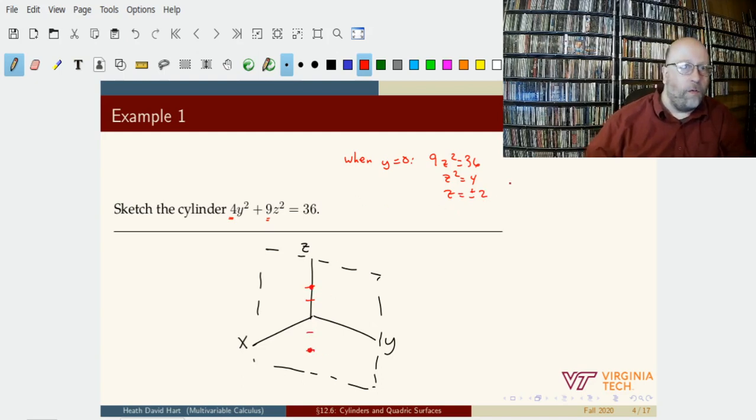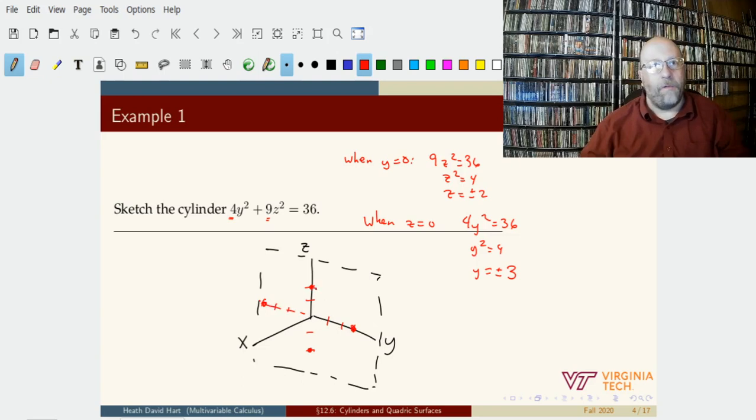And then when z is equal to 0, we get 4y squared is equal to 36. So y squared is equal to 9. And so y is equal to plus or minus 3. All right, and so y is plus 3 or minus 3.